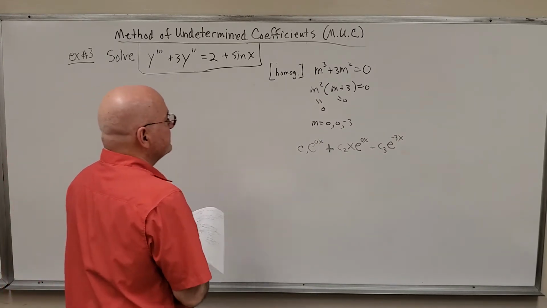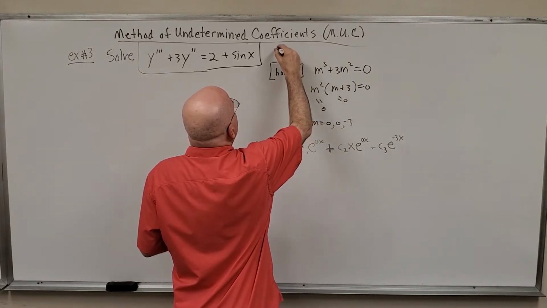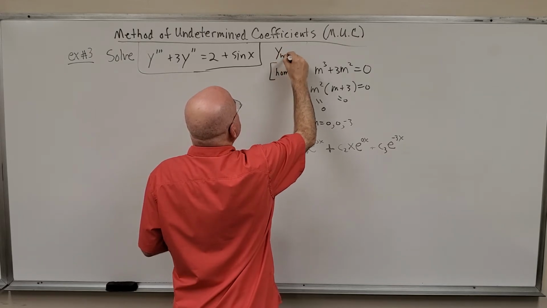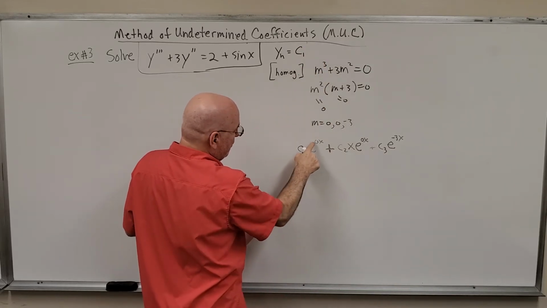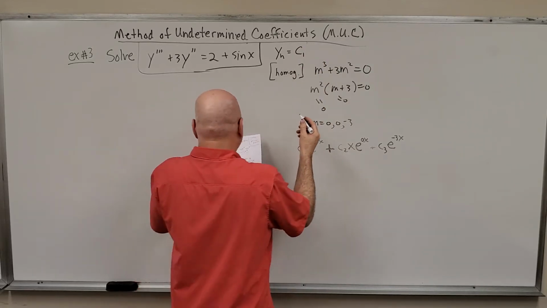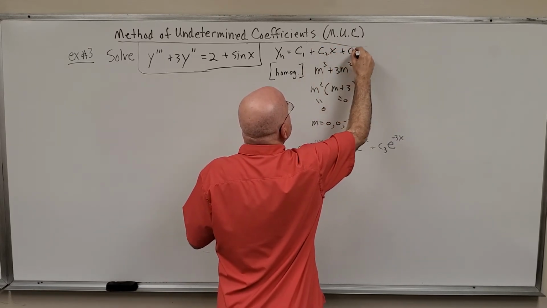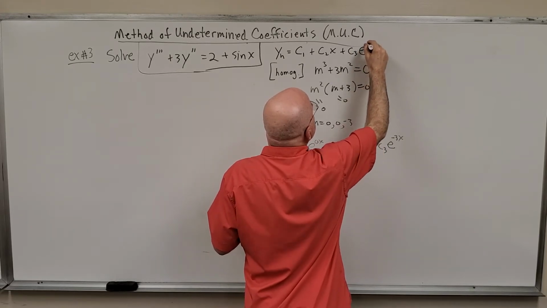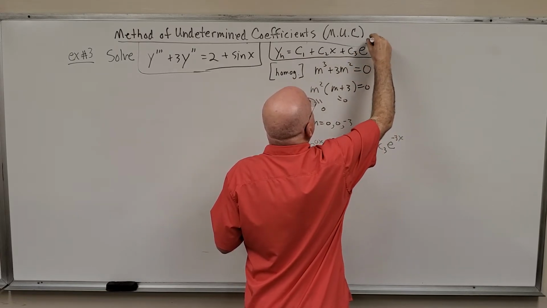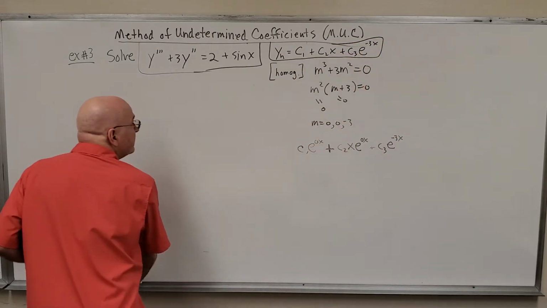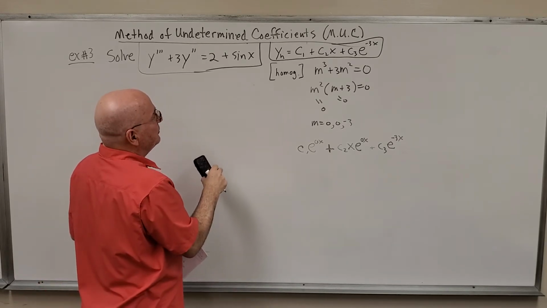By the way, that's our complementary solution, or our homogeneous solution. It's going to be c1, because e to the 0 is just a 1, plus c2 x, plus c3 e to the negative 3x. I'm going to box that in as our homogeneous solution, and I'm going to erase the rest here, just in case I need the room.